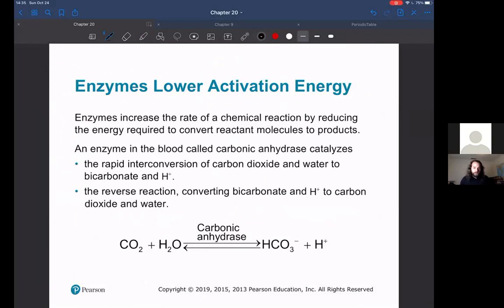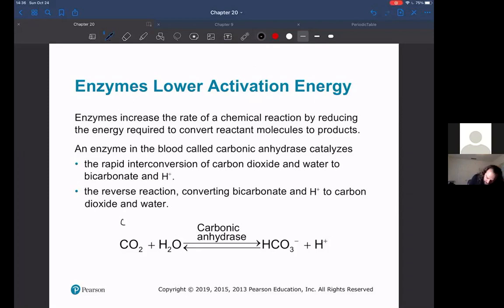So this is an example. This is carbonic anhydrase. This catalyzes the formation of bicarbonate, converting carbon dioxide and water into this, which would be bicarbonate, and a proton. Okay, so this is a way of grabbing CO2 from the gas phase and putting it into solution, the function of this particular enzyme here. And it does that by breaking and making new chemical bonds.